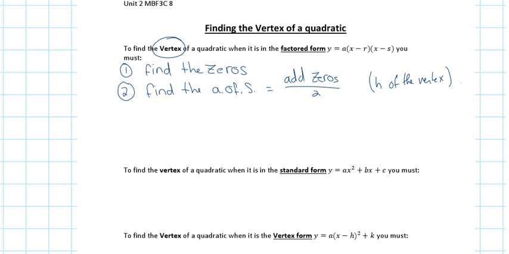Let's take the previous example. y equals (x minus 1)(x plus 5). I found that the axis of symmetry was negative 2. You agree with that? If I take that negative 2 and plug it in for x, it's going to give me negative 9.